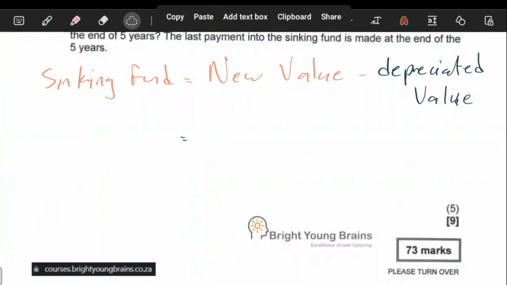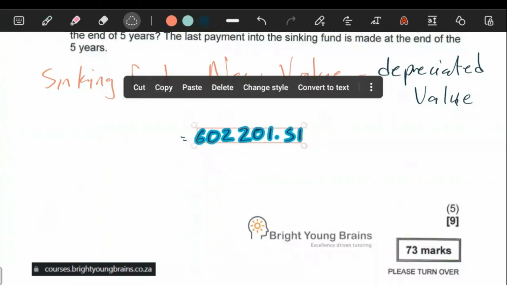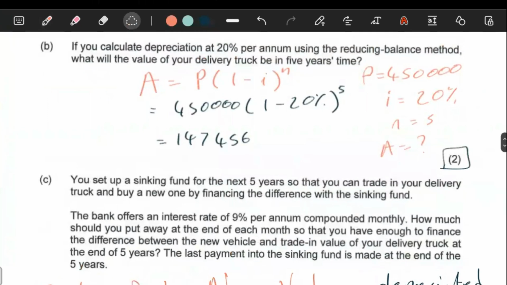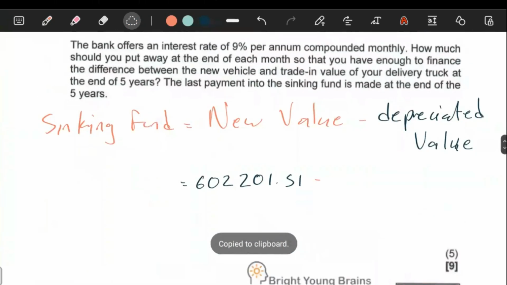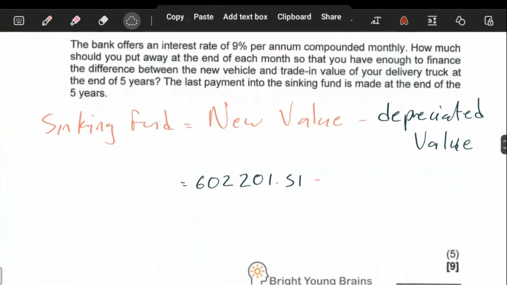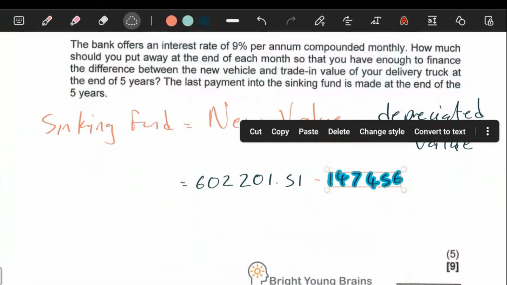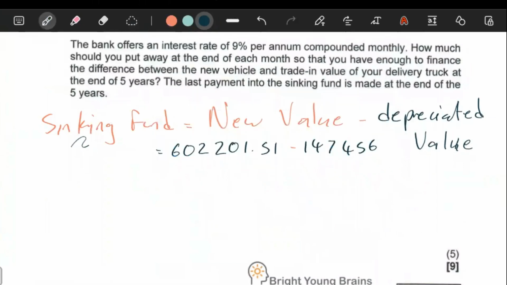So let's paste that over here. This is what your new value is, right? You're going to subtract the depreciated value. Whatever you have left is your sinking fund, which is the value of what you should have when your investment matures. This is what your sinking fund is. Let's just write it here.